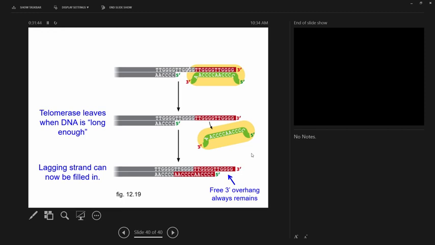Well, how does this telomerase enzyme know that the telomere is long enough? We don't go into specifics in this class, but there are actually telomere binding proteins, a complex that binds to the end of the telomere.